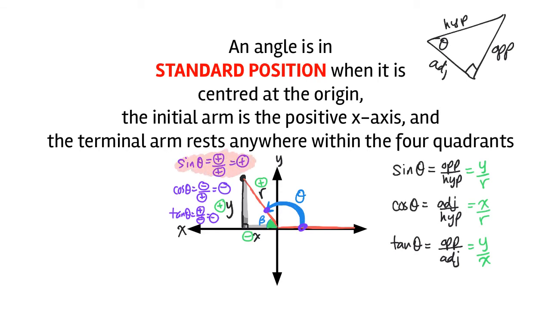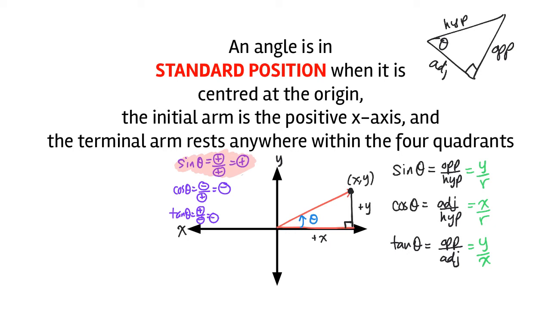If I move over into the first quadrant, then our angle may look something like this. We can see if we create that right triangle by dropping down a vertical line from some point on our terminal arm, that this point x, y now gives us a positive value of y and a positive value of x, and then of course the radius is always positive.